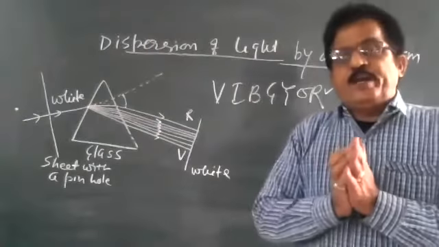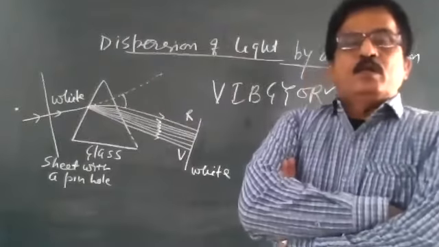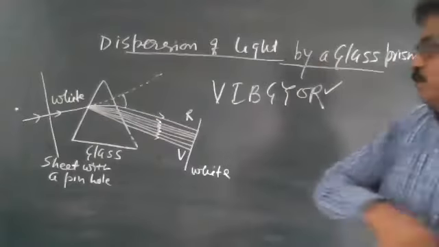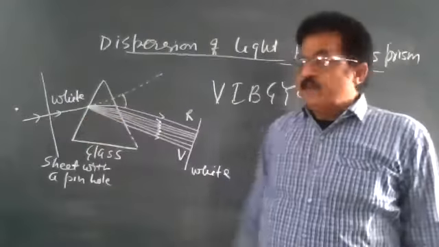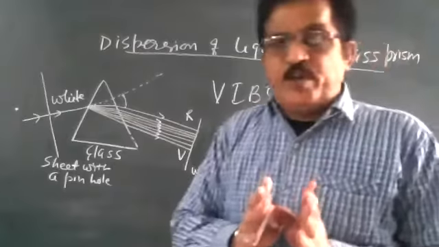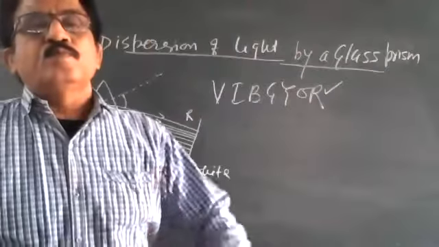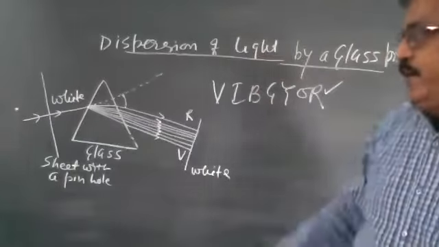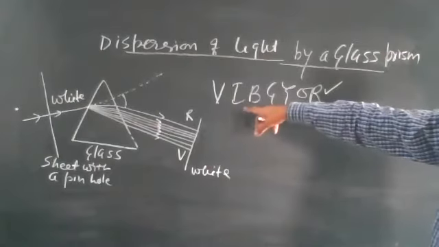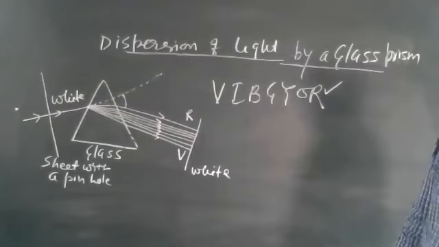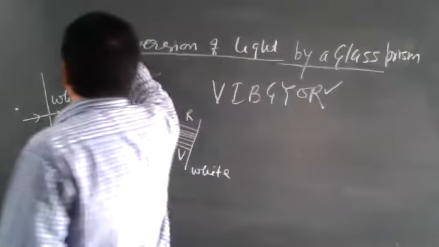The phenomenon of splitting of white light into its constituent 7 colors on passing through a glass prism is called dispersion of light.